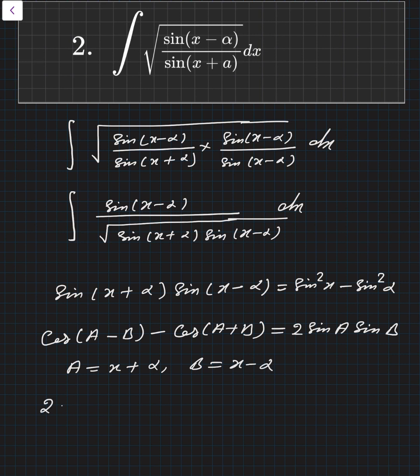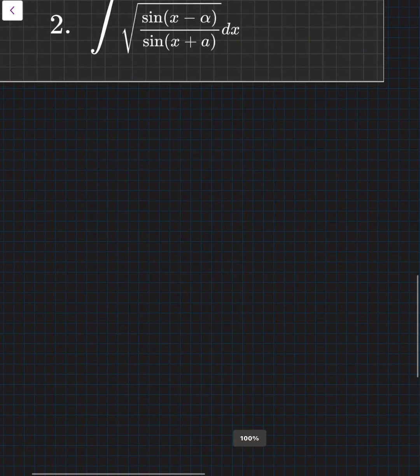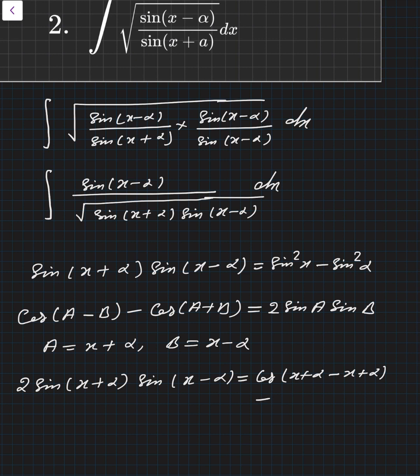So 2 sin x plus alpha into sin x minus alpha is written as cos of x plus alpha minus x minus alpha, minus cos of x plus alpha plus x minus alpha, and that value is written as cos 2 alpha minus cos 2x.